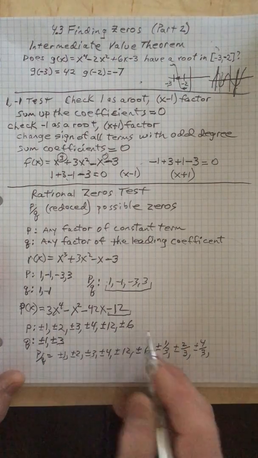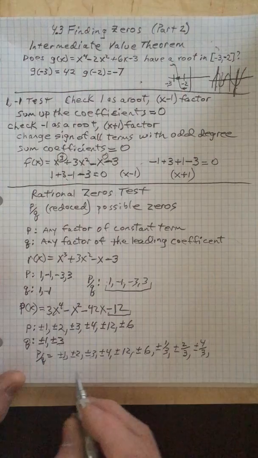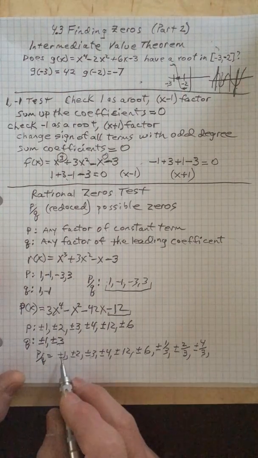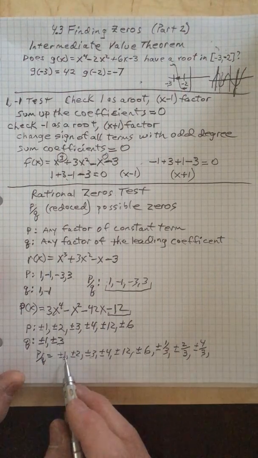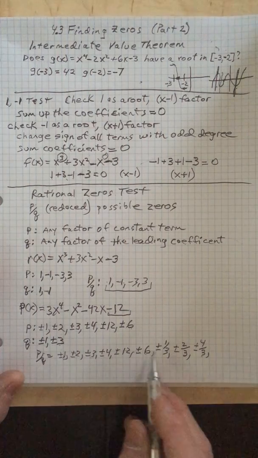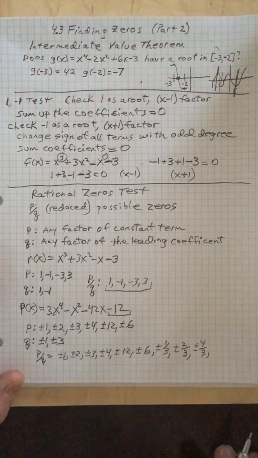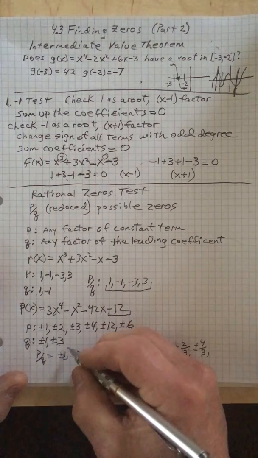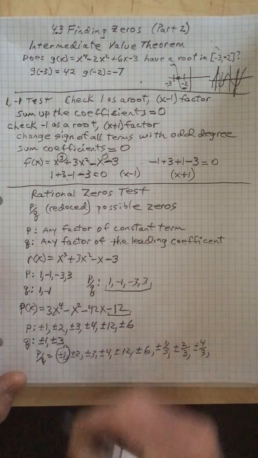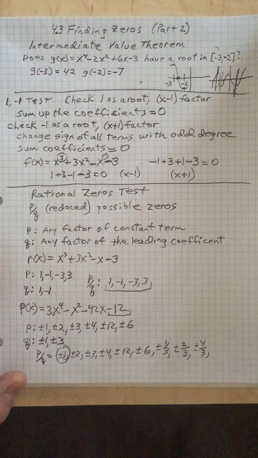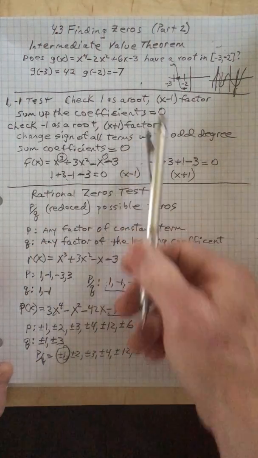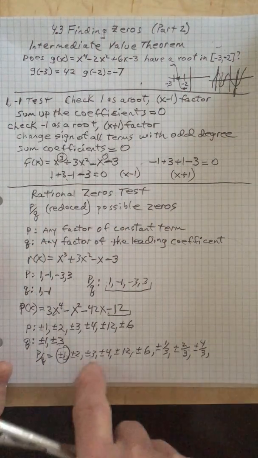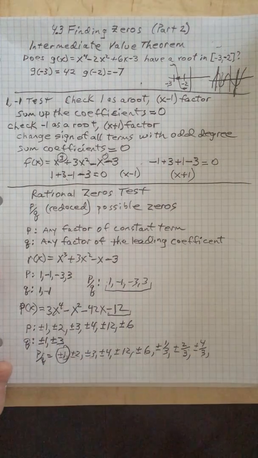And 3 goes into 6 twice, already have that. But look, each of these is plus or minus, so 2, 4, 6, 8, 10, 12, 14, 16, 18 possible roots to test for. Again, we don't have to test for these using division. We could just use plus or minus 1, so we might get lucky there. But all of these others, you would have to test for them.